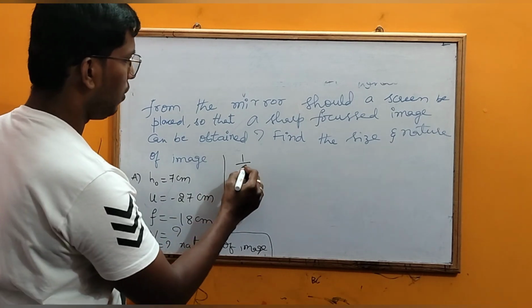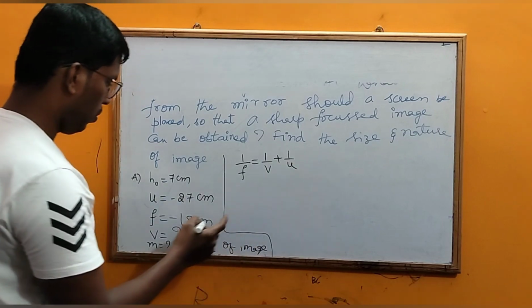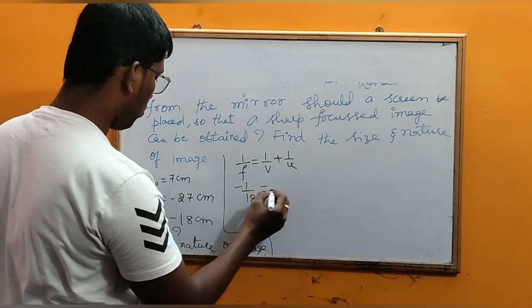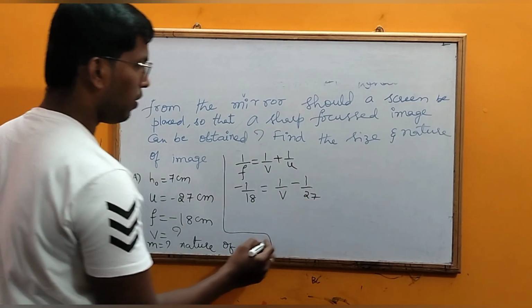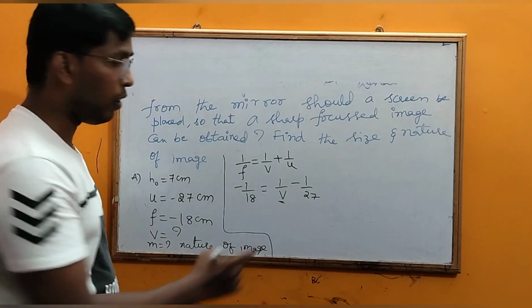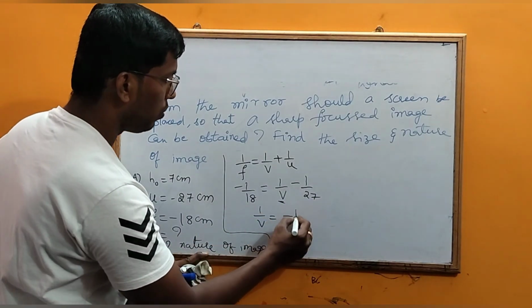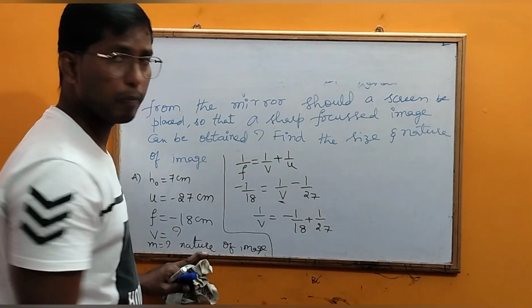For a concave mirror, 1 by f is equal to 1 by v plus 1 divided by u. What is the f value? Minus 1 divided by 18 is equal to 1 divided by v minus 1 divided by 27. So we need to find the v value. Send minus 27 to the other side. 1 by v is equal to minus 1 divided by 18 plus 1 divided by 27.